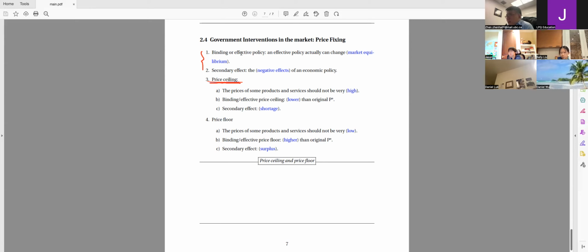If your policy cannot change the market equilibrium, cannot change the P star, Q star, then your policy is called a non-binding policy. This is the first term.